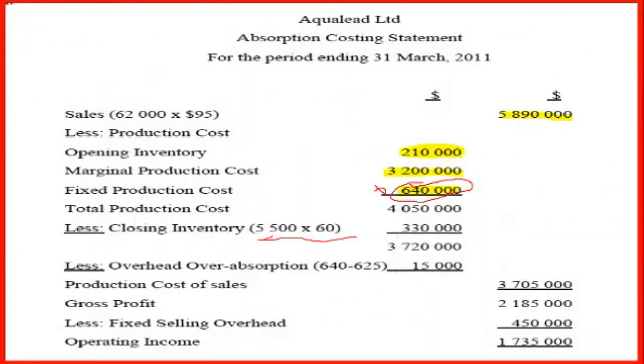The figure down here would be incorrect, but on both by the same amount, right? So 500 by 60 gives us 330. But it's supposed to be the closing inventory here multiplied by the marginal cost of 60.